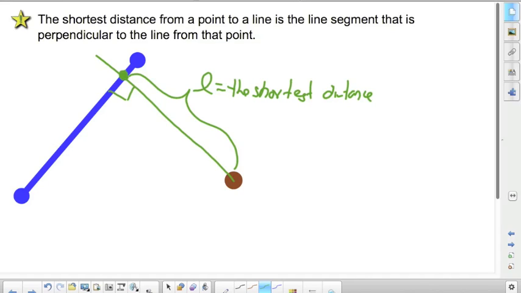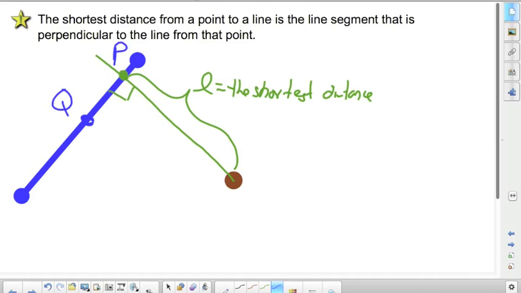Why does that make sense? I think intuitively it might make sense, but let's prove it. Let's just say that that is not the shortest distance. This point here, P, is not. Let's say we have a point Q, any other point Q, that is the shortest distance.